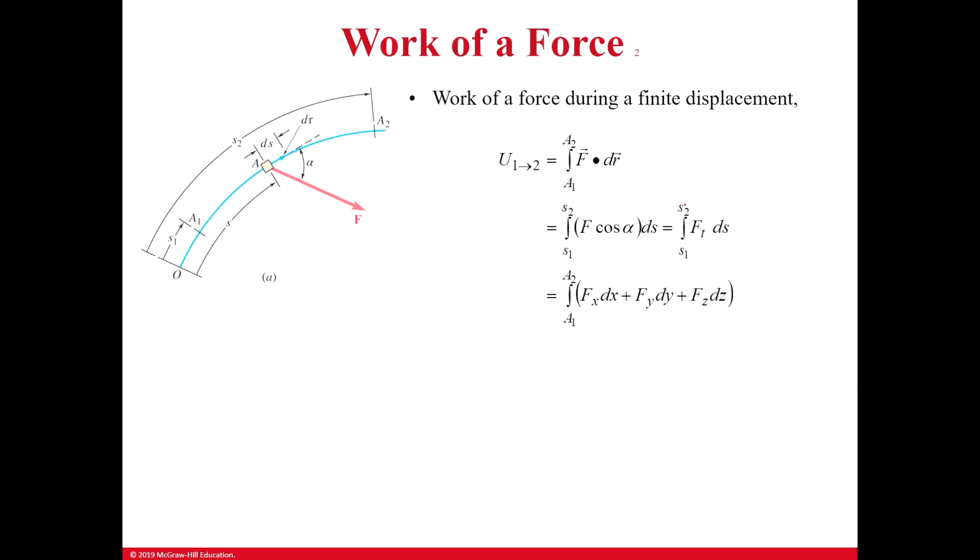Okay, so in a case where you want to find the work between states 1 and 2, where state 1 is the beginning of a curvature and state 2 is at the end of the curvature, you simply have to, if you remember, the amount of work is a Newton per meter, right?